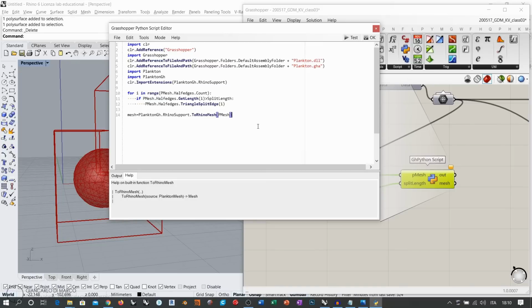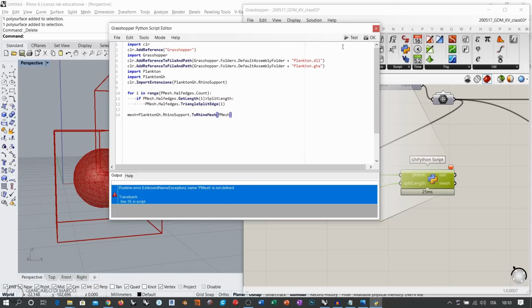And that's it. We can see if this code is actually ready to work. Runtime error, pmesh is not defined. Okay, we must declare the variable pmesh. I think I made a mistake because I see that I used not a capital P. Let's see if that's the problem. So let's see if we have pmesh and pmesh and pmesh and pmesh here.